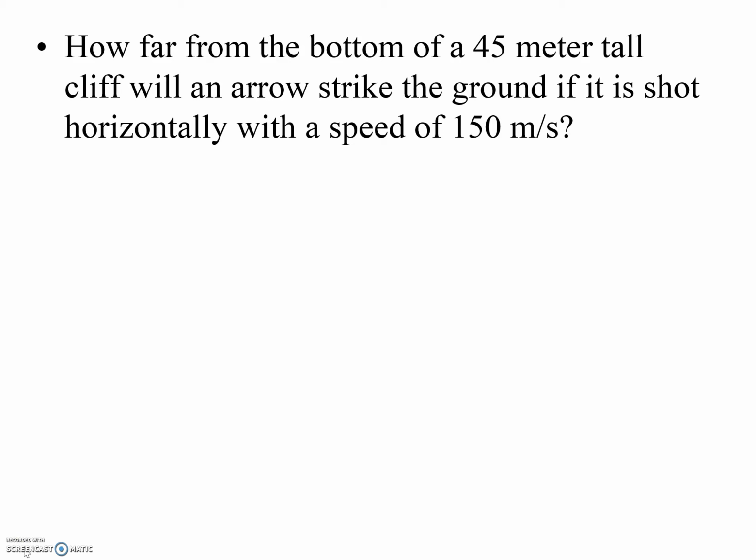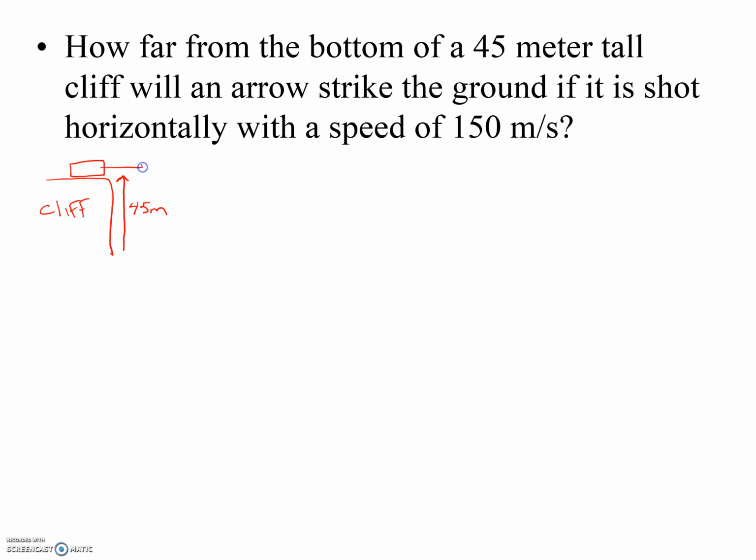So the first thing we're going to do is draw our picture. So we'll have our cliff. And when we look at the problem, it tells us that we've got our bow and arrow at the top of the cliff, and the height of the cliff is 45 meters.